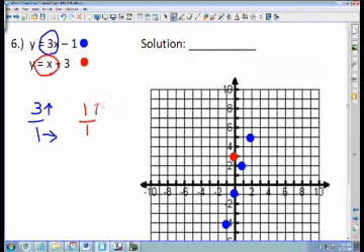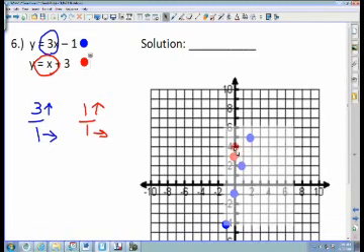It's 1 over 1, so it's up 1 to the right 1. So I'm going to start at my y-intercept, up 1 to the right 1, and keep going. The two lines intersect, there they are, right there. 2 and 5 is what it looks like.